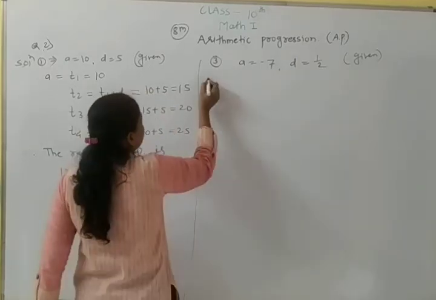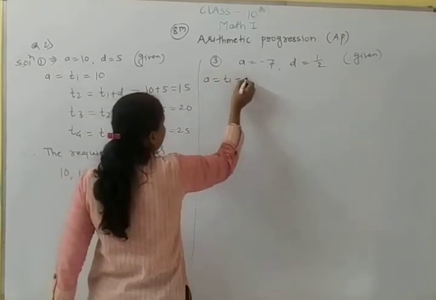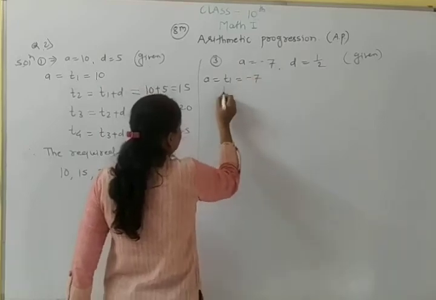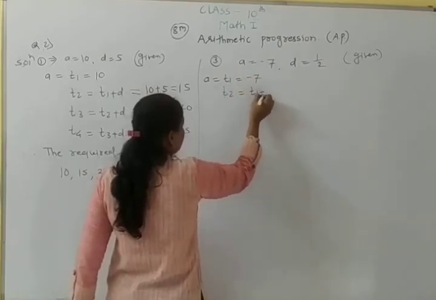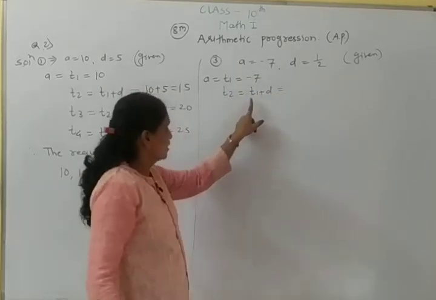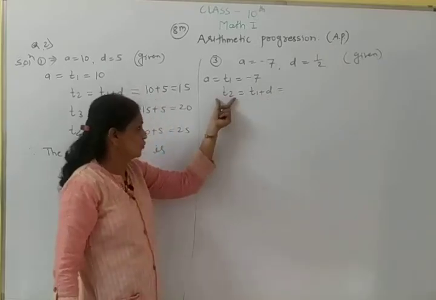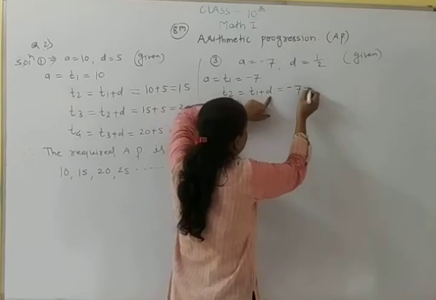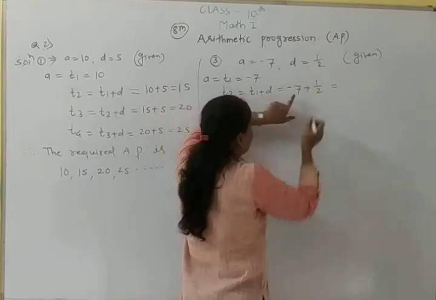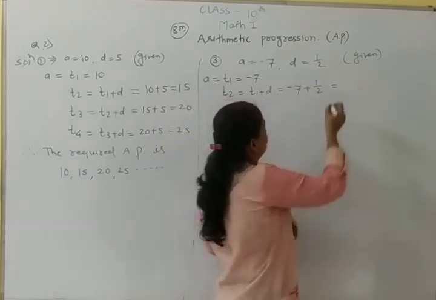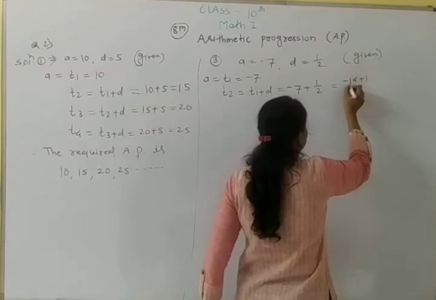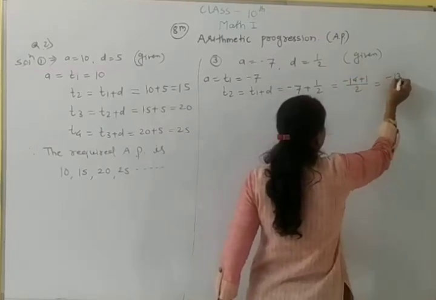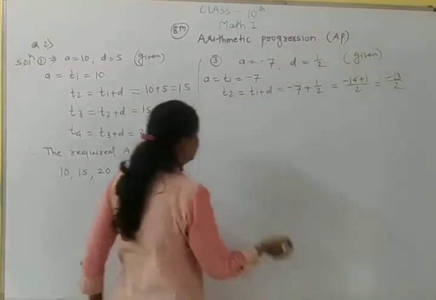Okay, then here A equal to T1 equal to -7. Then T2 equal to T1 plus D. Then T1 equal to -7 and D is 1/2. So solve this: -7 times 2 is -14, plus 1 upon 2, here -13/2, that is the T2.